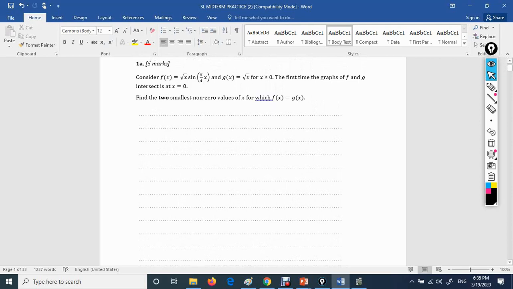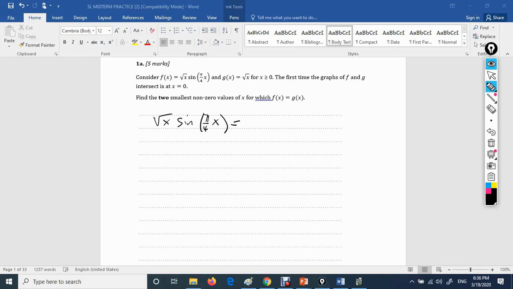Let me get my pencil here. Okay, so the first thing we're going to do is equate these expressions. So square root of x times sine of pi fourths x equals square root of x. Now notice that on both sides we have square root of x, so we can cancel that out.